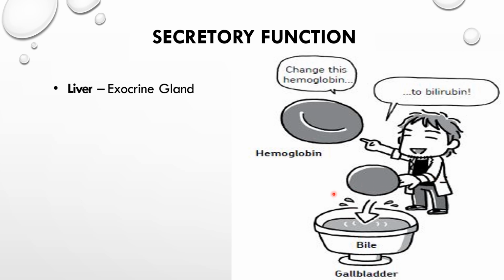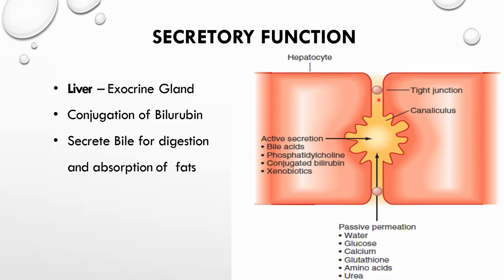The conjugation of bilirubin happens in the liver. The bilirubin is finally secreted as bile by the hepatocyte, from the hepatocyte into the bile canaliculi. This bile is very important for the digestion and absorption of fat.